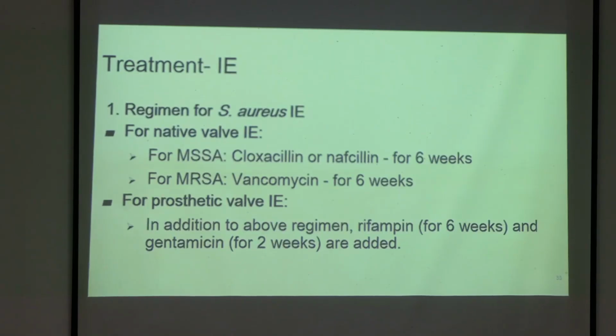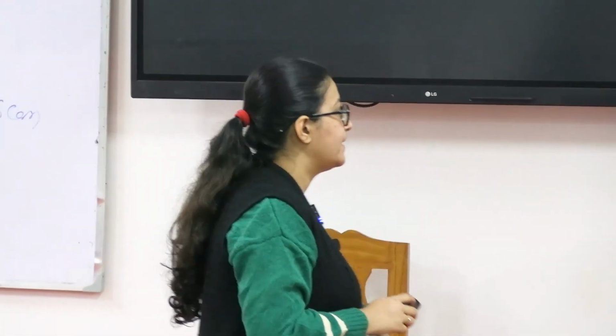Okay, so how do you treat these infective endocarditis cases? Generally they are gram-positive organisms, so we will treat with antibiotics that cover the gram-positives, or the broad spectrum antibiotics. If it is a native valve, which was the common organism? Staph aureus.